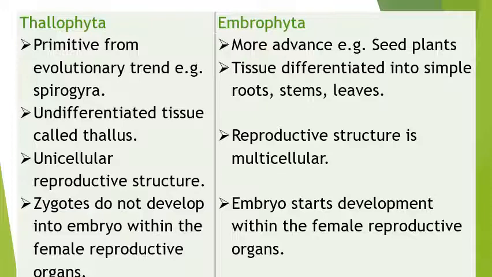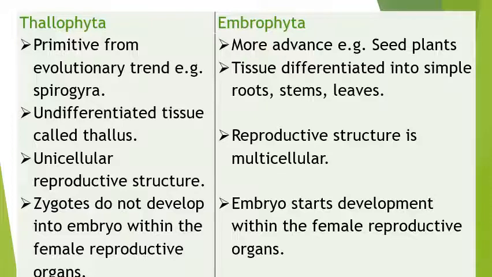While the Embryophyta are more advanced plants, and the example of this is our seed plants. Thallophyta are plants with undifferentiated tissue, and undifferentiated tissue is called thallus. Embryophyta have tissue that is differentiated into simple roots, stems, and leaves.